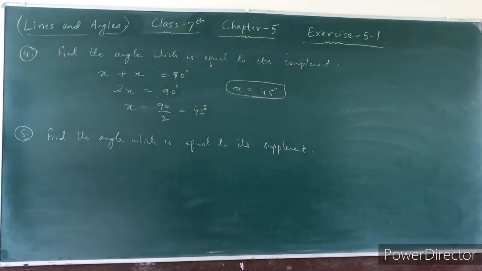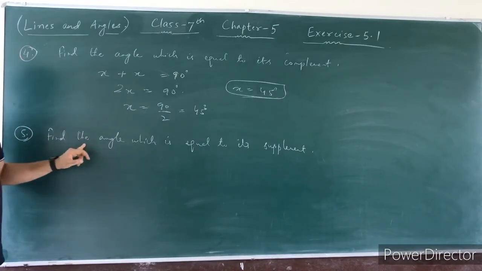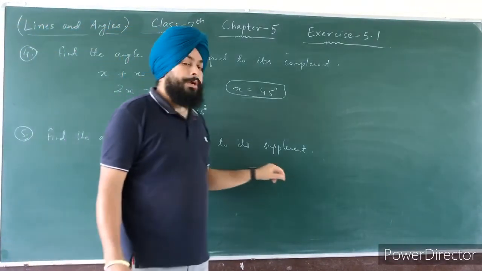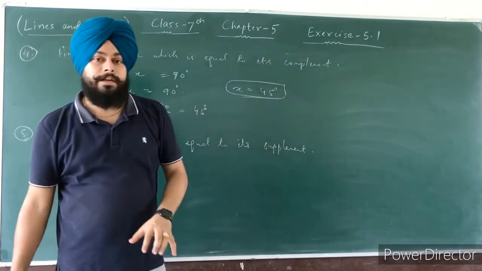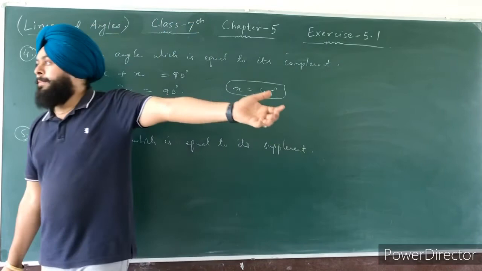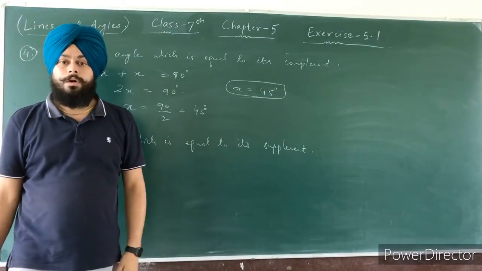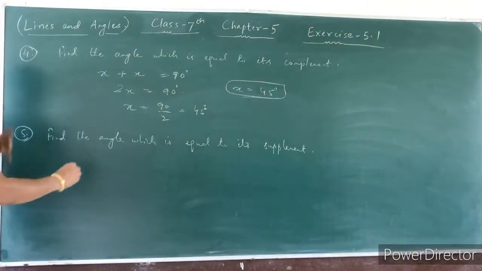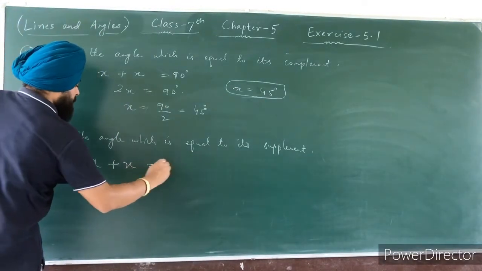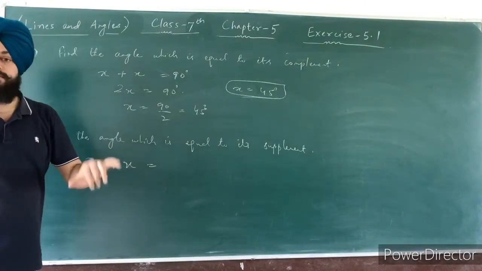Okay. So the next, fifth question is the same as this question number 4. In the question, find the angle which is equal to its supplement. So the question says to find an angle which is equal to its supplement. The supplementary angles are those angles in which the sum of the measures of two angles is equal to 180 degrees. So you can take both angles as equal to x degrees. So the measure of both angles will be x degrees, equal.